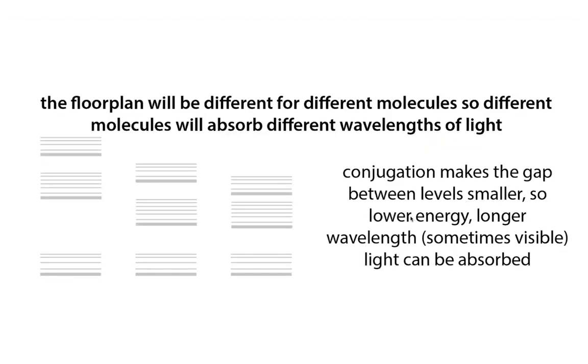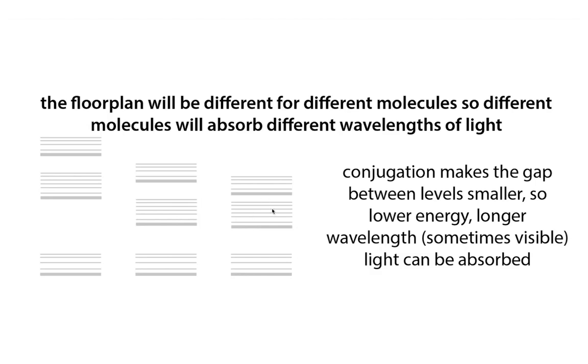All of that comes down, remember, to how close together these energy levels are, and therefore how much energy is needed to get to the next level. You can imagine that you need more energy for a bigger jump and less energy for a smaller jump, so between levels that are closer together.